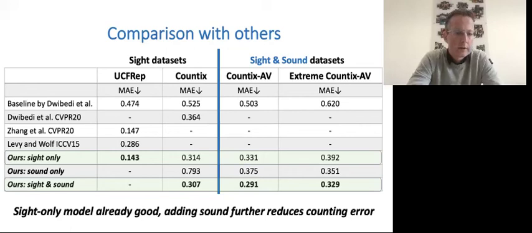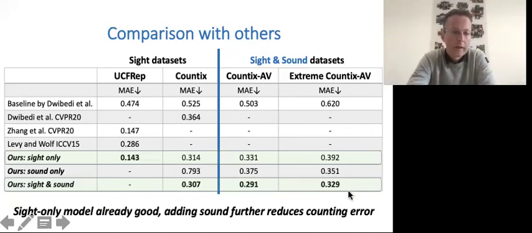So this, again, shows that sight by itself is better than sound, but if you combine the two, you get a benefit. And then in the Extreme Countix dataset that is really optimized for poor vision conditions, but reliable sound, we can see that sound all of a sudden starts to outperform sight, and again, the combination reduces the error.